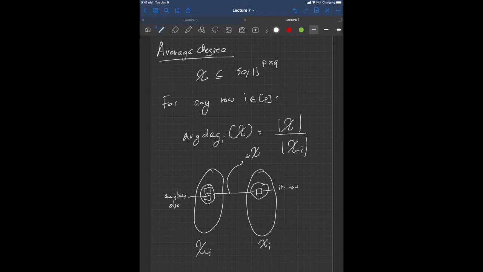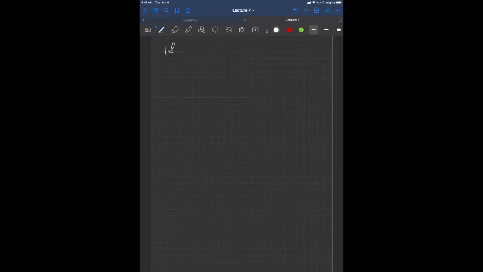And we saw that when no information is revealed, if you take X to be the entire set of matrices, the average degree is the maximum possible. So if X is 0 1 to the p by q, then for all i in p, the average degree of i in X is 2 to the q, because there are q columns and 2 to the q ways to fill them, and all of them are possible because X is the entire set of matrices.